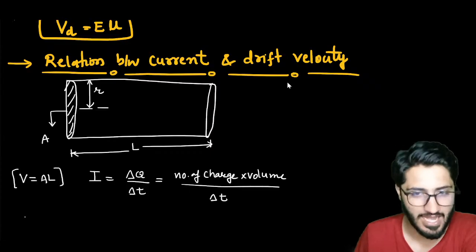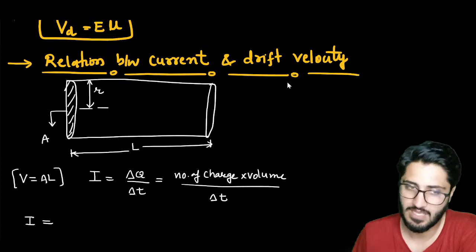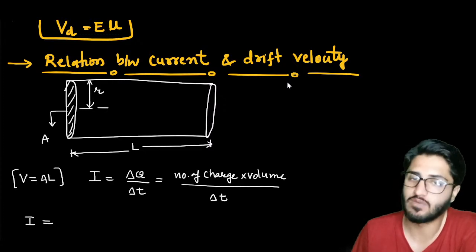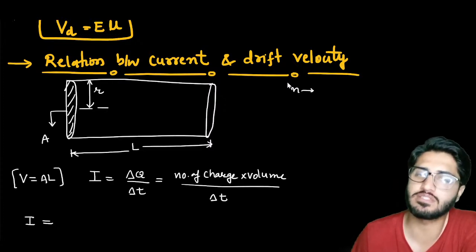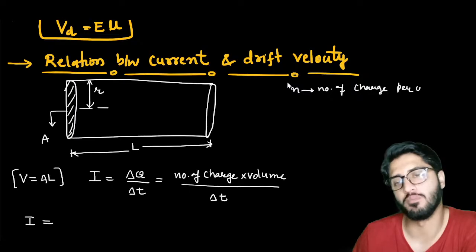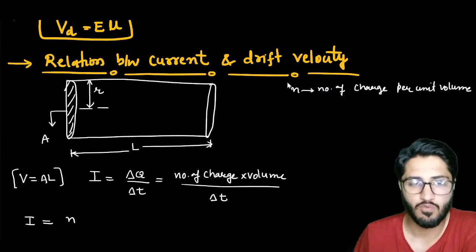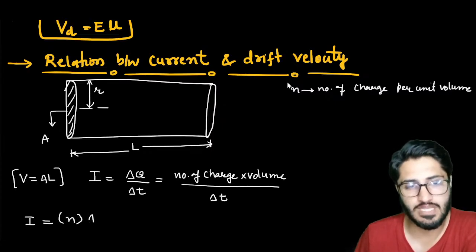N means number of charge per unit volume. Volume is A into L.